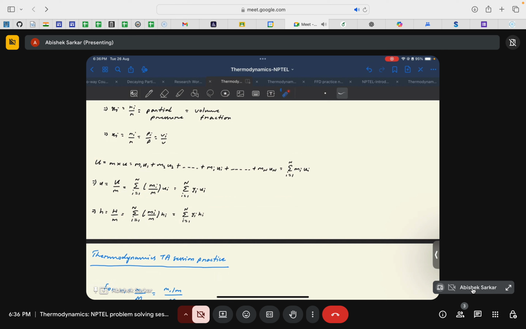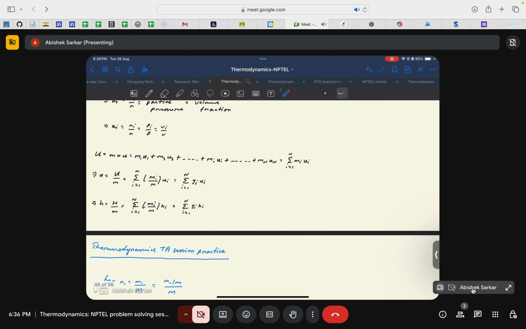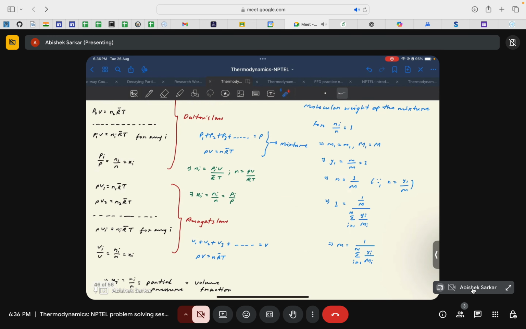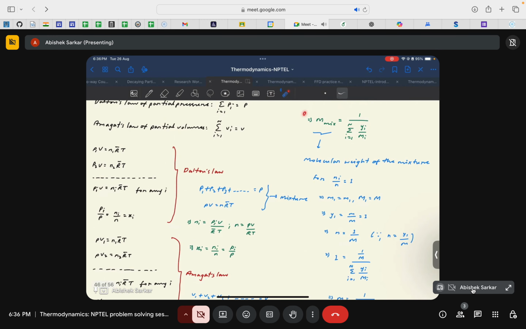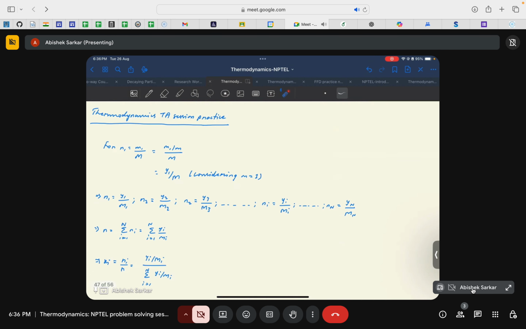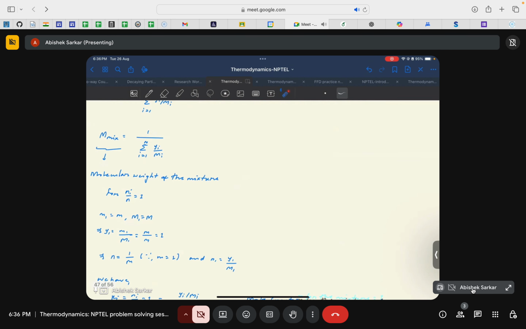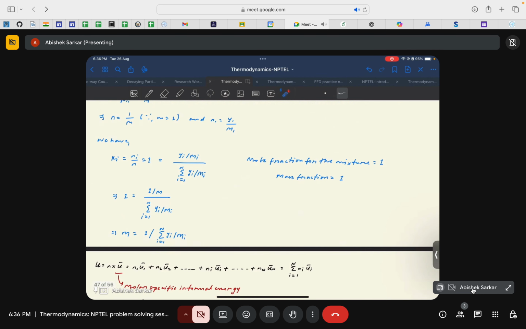So we can write h to be the summation of Yi times hi, where the summation goes from i equal to 1 to N. Just reiterating, the detailed derivation of this has been added as a separate derivation on the next page, so you can go through it once for your reference.